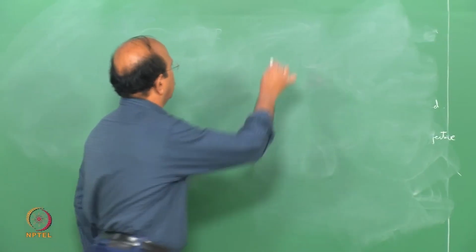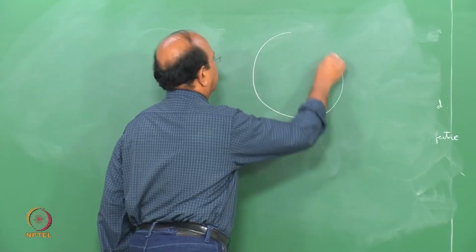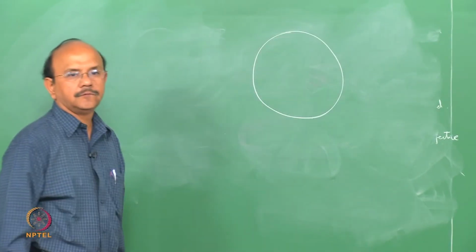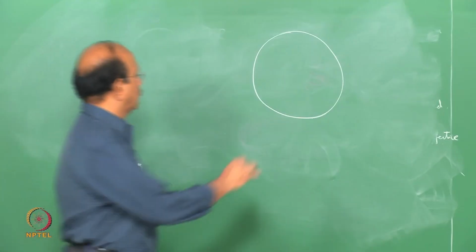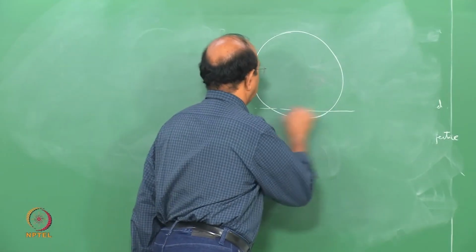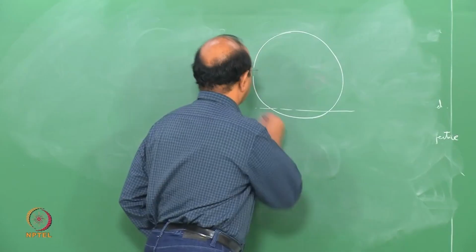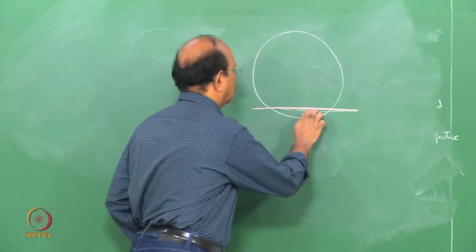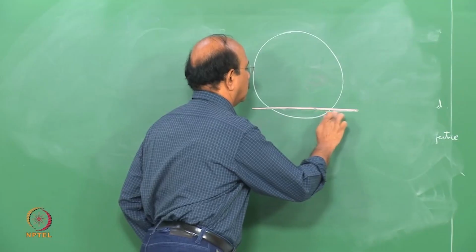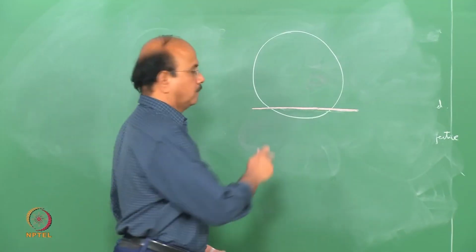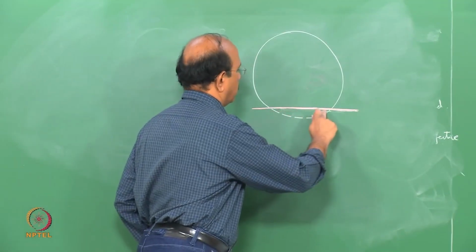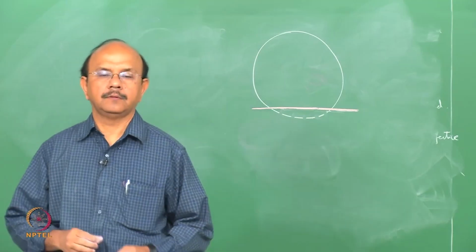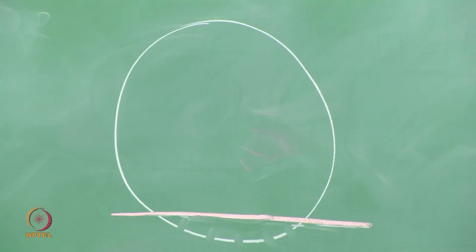So that is my tire, and since I'm going to hit the ground, that's my ground. I can't penetrate the ground obviously, so I'll be like this.